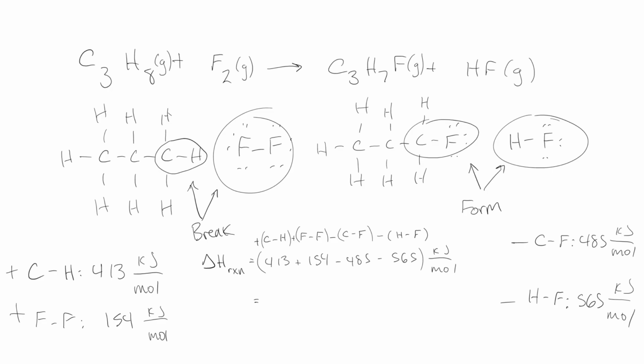That's 413 plus 154 minus 485 minus 565, and that's going to be equal to negative 483 kilojoules per mole. That'll be the enthalpy of reaction. So when this reaction happens, it will release 483 kilojoules per mole.